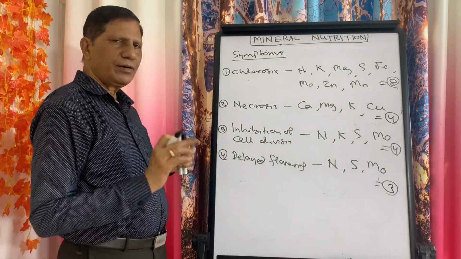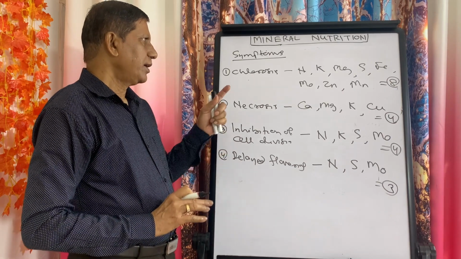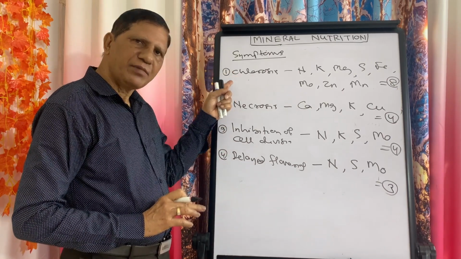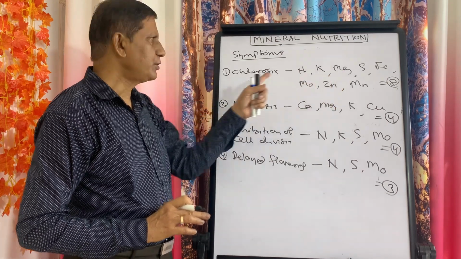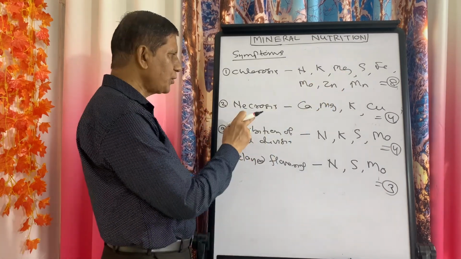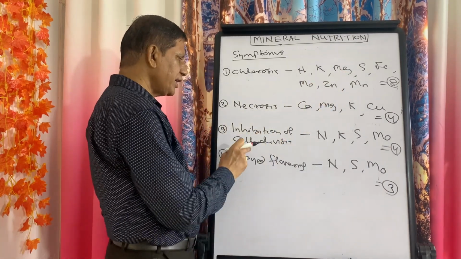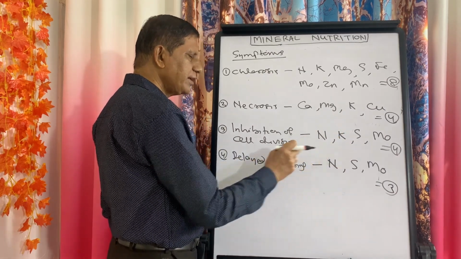What is the conclusion? Listen very carefully. A single symptom can be caused by several elements. Chlorosis can be caused by 8 elements, necrosis by 4 elements, inhibition of cell division by 4 elements, and delayed flowering by 3 elements.